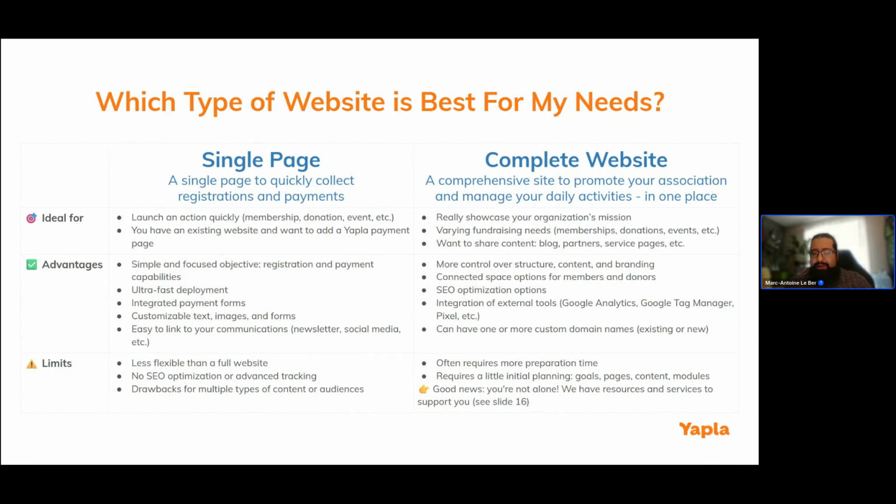They can update their info. But when you move to a complete website, any page in the website can be gated through this connected space. You'll gain access to the SEO and tracking tools that we mentioned earlier, and you'll be able to customize your domain name to look more professional for your communication and to the eye of your many visitors.